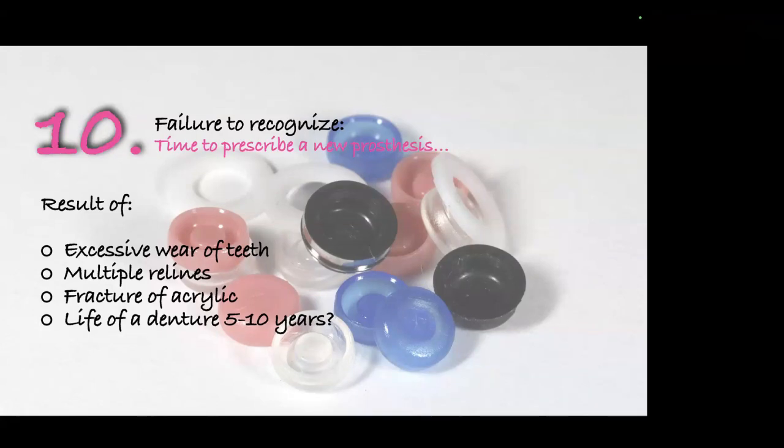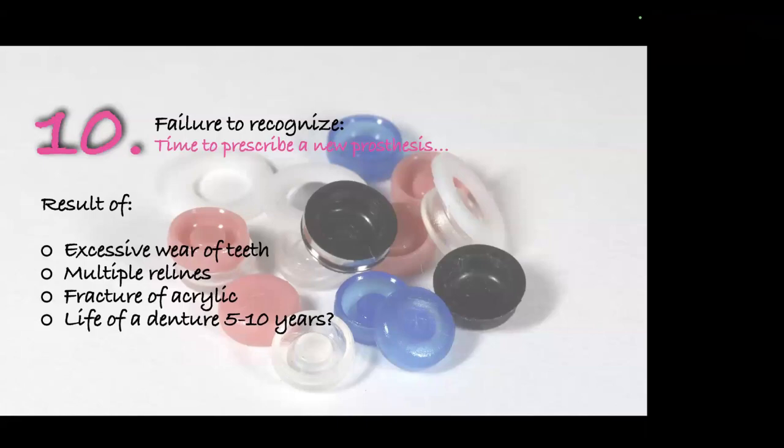If you see all that wear on teeth, and it's been a number of years, and the prosthesis is a number of years old, time to go, time to make a new one. Maybe you want to put a metal stop on the molar if you think the patient's a clencher. Just throwing ideas out here. If you're servicing this prosthesis, if you're relining it, and the big thing is if it fractures. If you have that framework, you're not going to have that disastrous fracture.